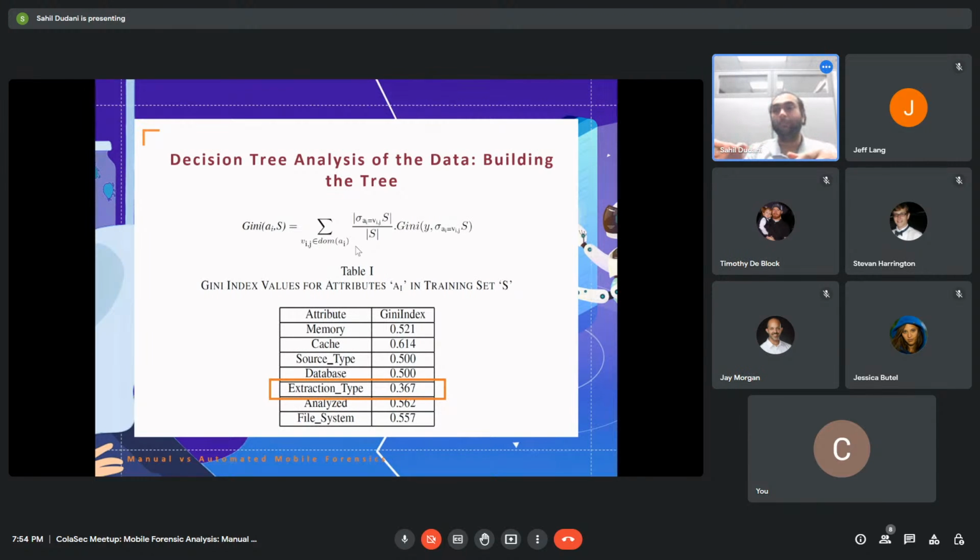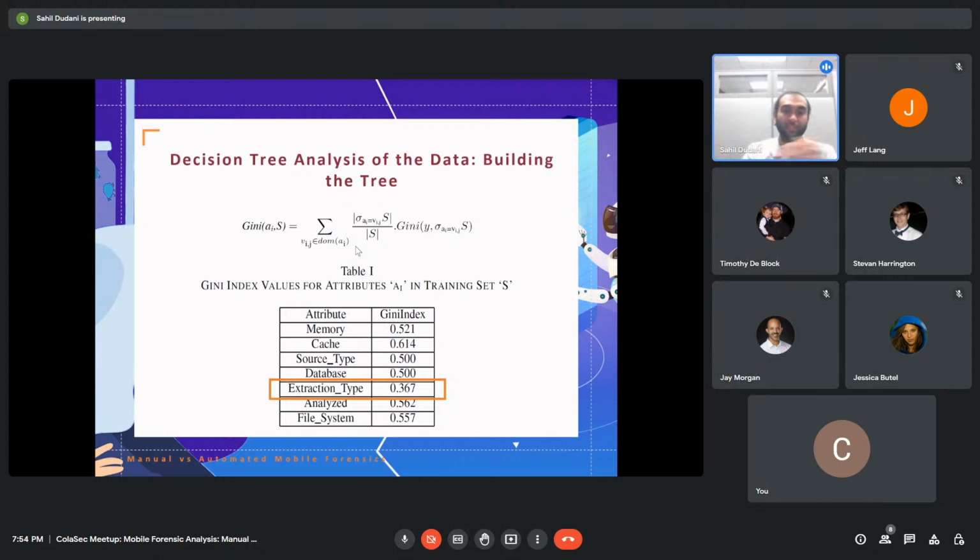So basically what this means is that having a Gini index of 0.367 for extraction type is that if you take extraction type as the root node for the decision tree, you can classify maximum pure samples in one go. If you take extraction type as the root node, you can assume that the left child would end up being a pure sample and the right child would have all of the impure samples.